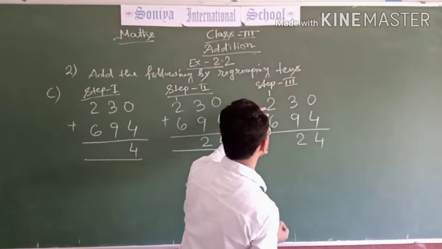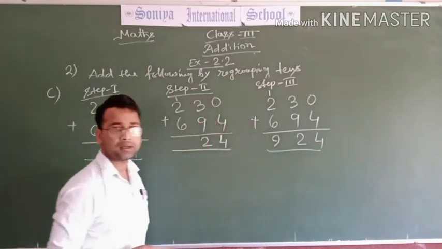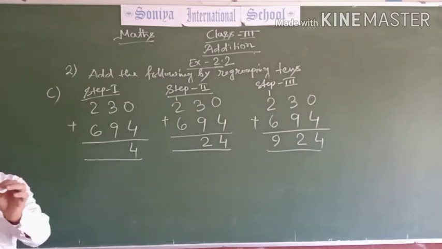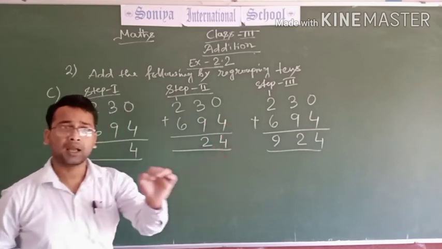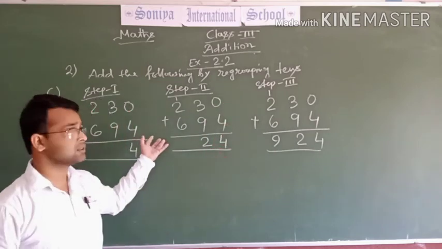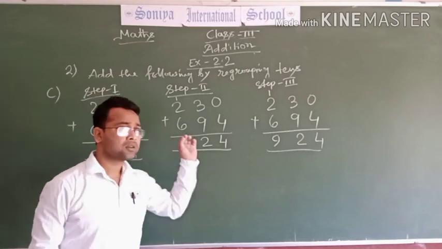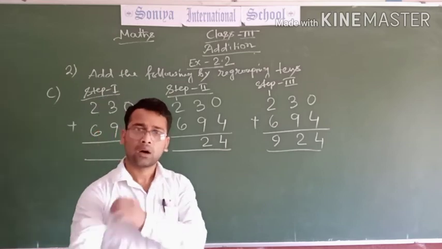So 2 and 1, 3, 3 and 6, 9. So the answer is 924. I hope you understood the following regrouping of tens, and do the exercise of the remaining problems in this way at your house.